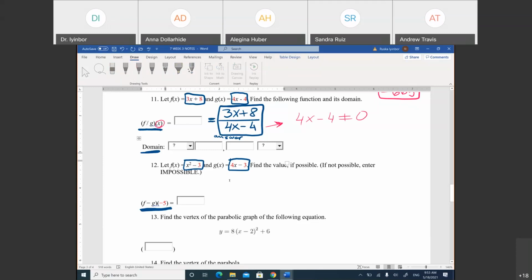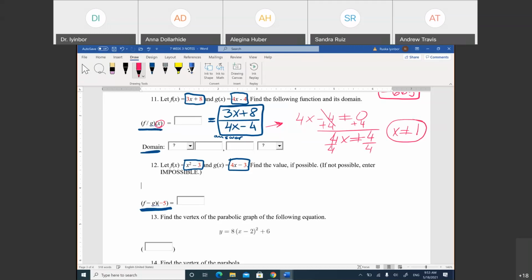Add 4 to both sides. You get 4x does not equal 4. Then divide by 4. And what do you get? x is not equal to 1. Good job.